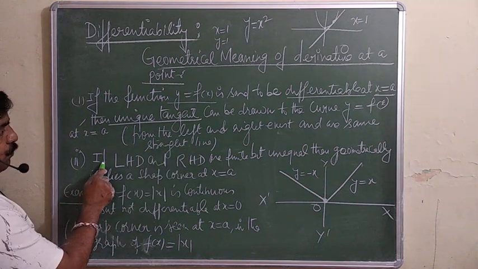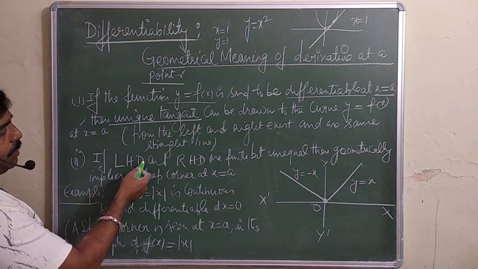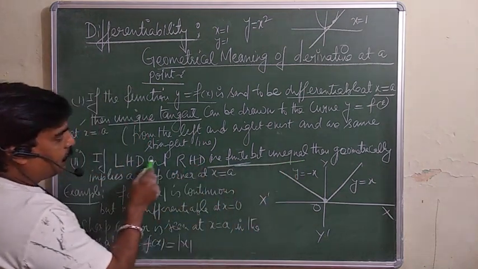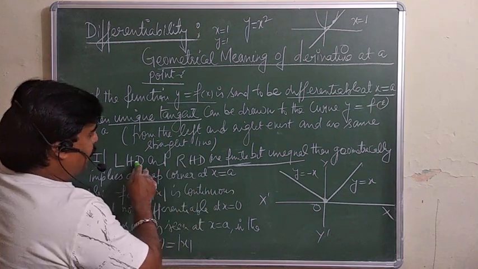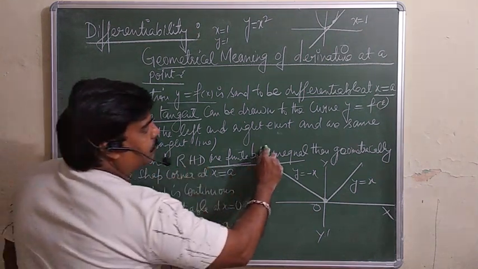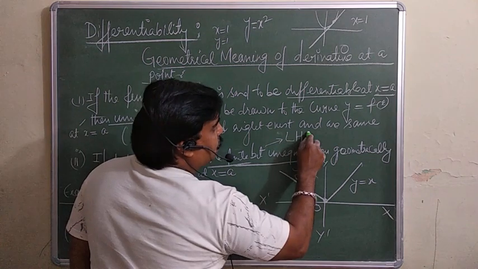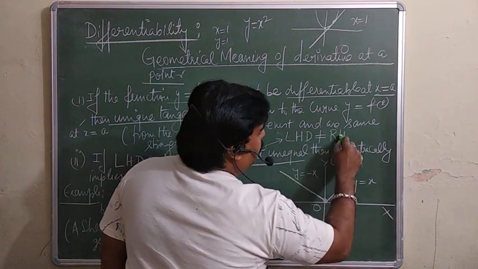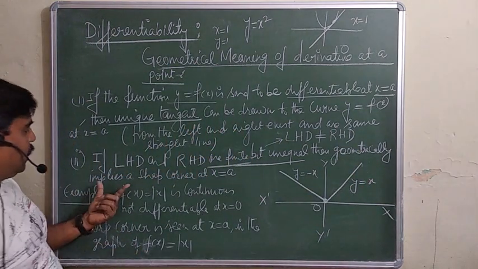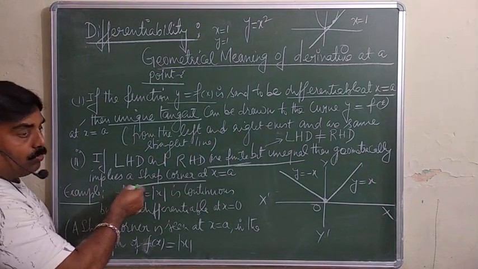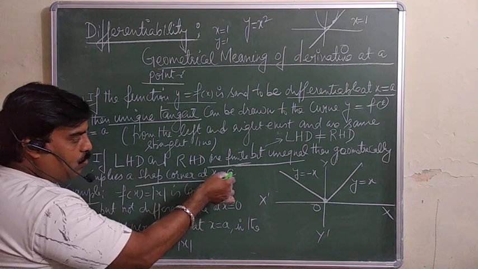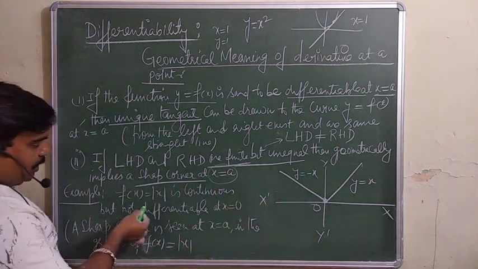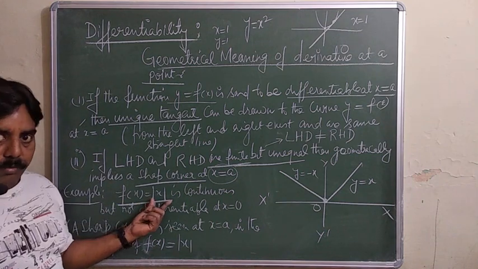But if the left hand derivative and right hand derivative are finite but unequal, then geometrically it implies a sharp corner at that particular point. Like here, you take the function fx equals absolute x.